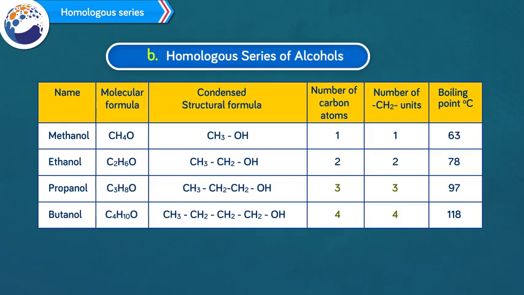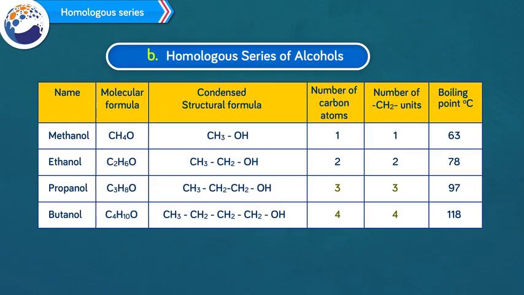Ethanol, molecular formula C2H6O, structural formula CH3CH2OH. Number of carbon atoms 2. Number of CH2 units 2. Boiling point is 78. Propanol, molecular formula C3H8O, structural formula CH3CH2CH2OH.